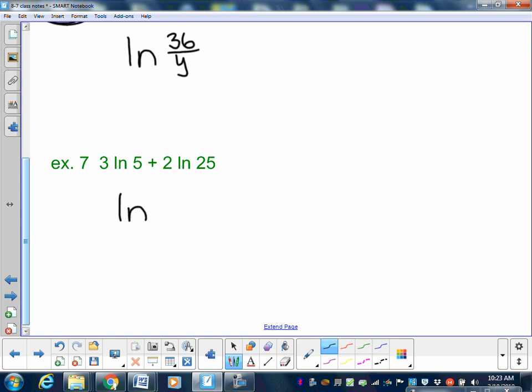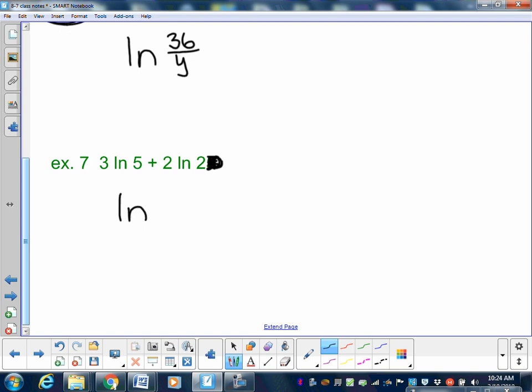Again, combine them as one natural log. Oh, did I really do this problem? This is going to be big. I don't even know what the answer is because I accidentally went too big. I'm going to take this part off because we're going to go way too big. There, that's a little bit better.